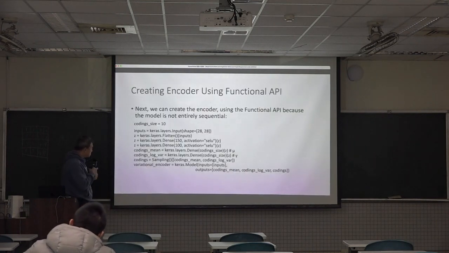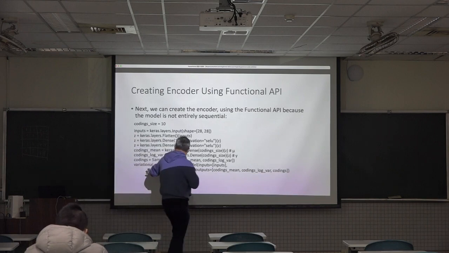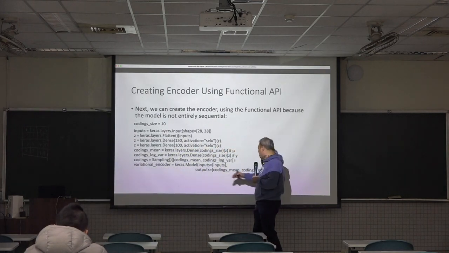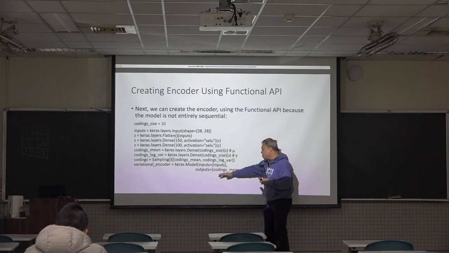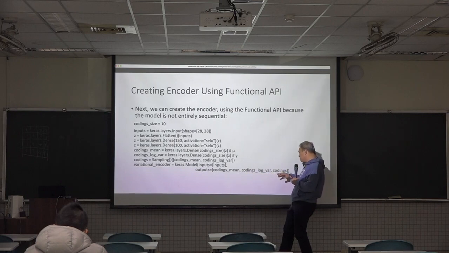And then once we have that, we create a variational encoder. Here we have one input, but we have three outputs: coding mean, coding log var, and the codings.